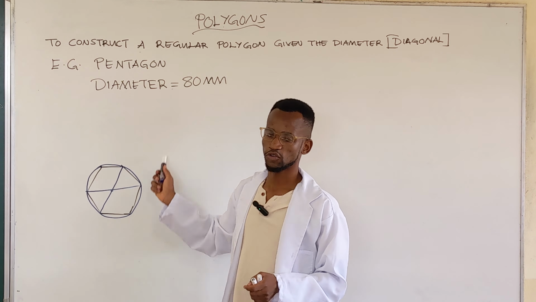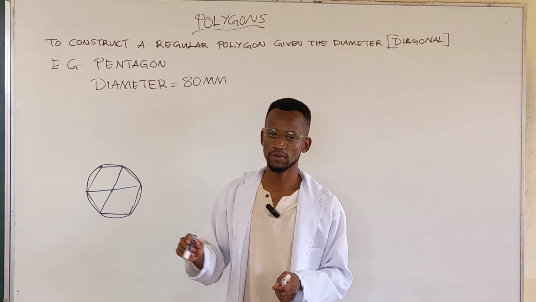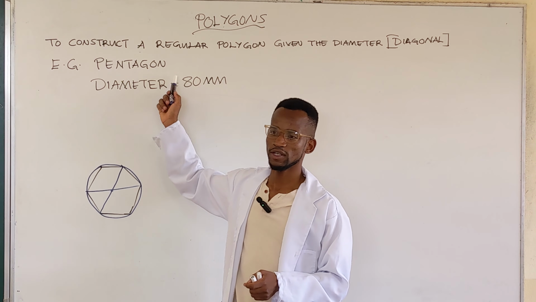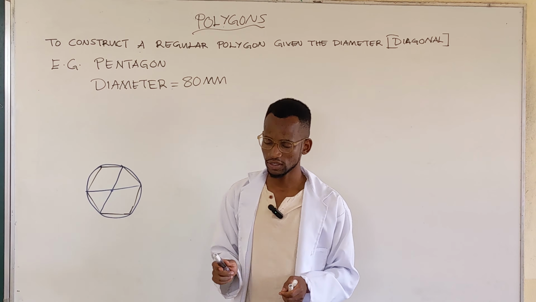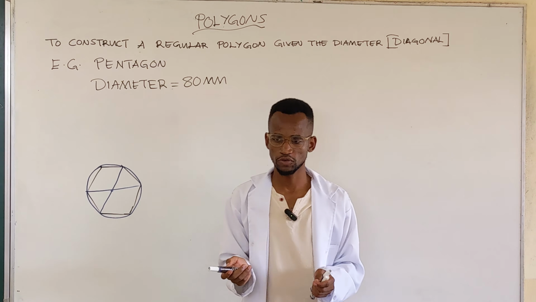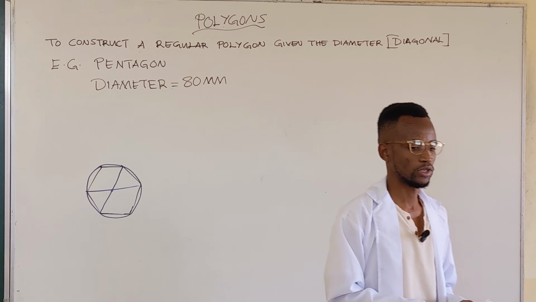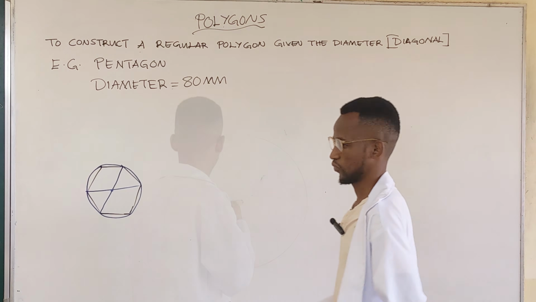So for us to draw this circle, we have to open to the radius. If you've been given the diameter, you open to the radius, which is the diameter divided by 2. So the radius that you open to will be 40, meaning r is equal to 40, right? So you get your compass, you open it to 40, and draw a circle.